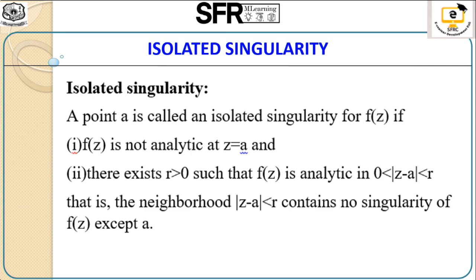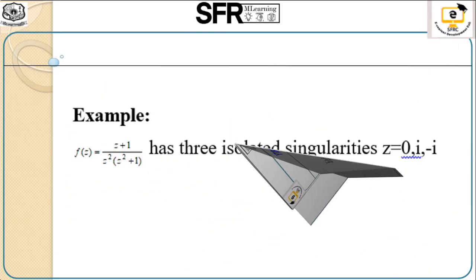It is called an isolated singular point. At all other points the function becomes analytic. It is not analytic only at the point itself. So in this case a becomes isolated. That's why we call that an isolated singularity.